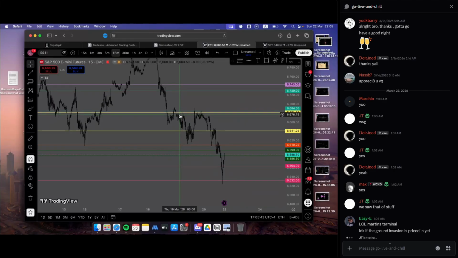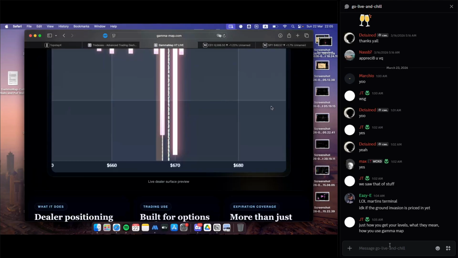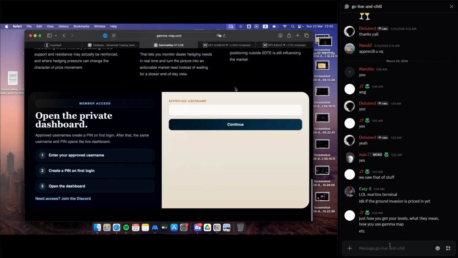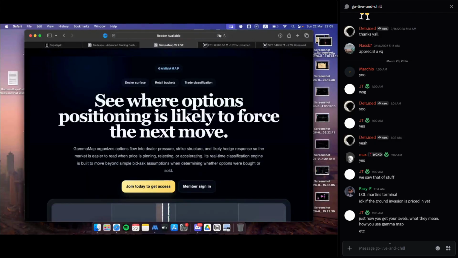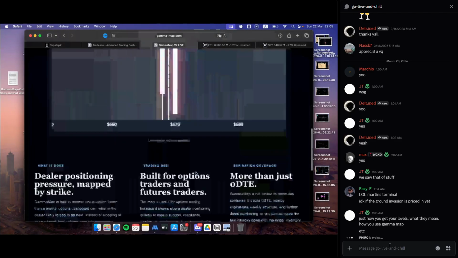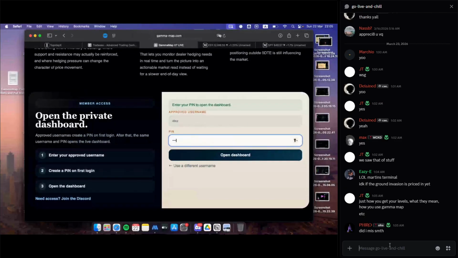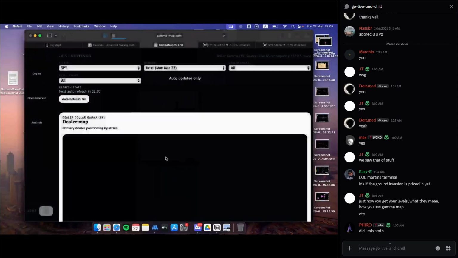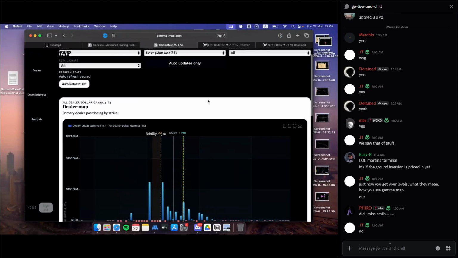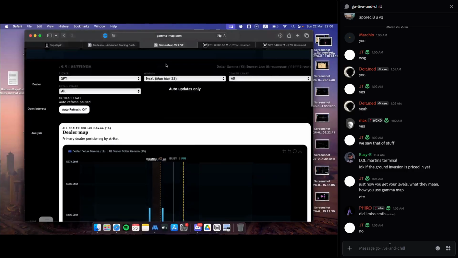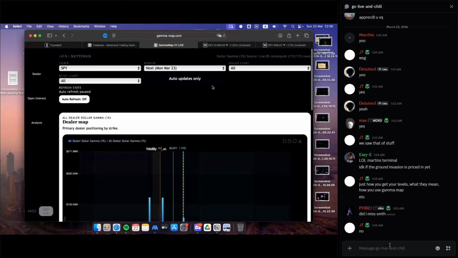So what kind of questions do you guys have? In the meantime, let me log into here. This is how you get your levels, what they mean, how you use gamma map. By the way, Cam is working on some crazy stuff for you guys.